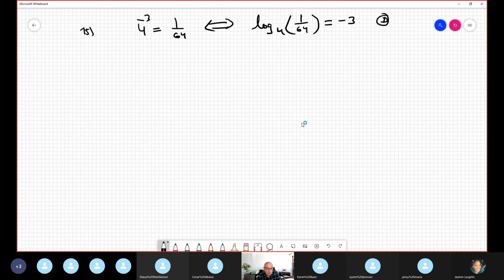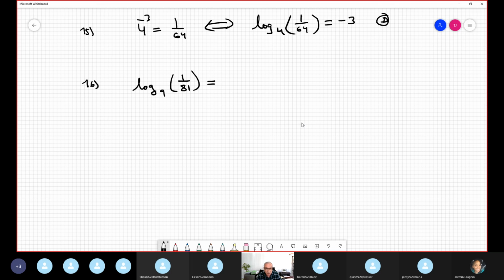16. 16 is simplify. Okay, let's do it. Logarithm base 9 of 1 over 81. Let's try to find the answer. There are many ways to do that.